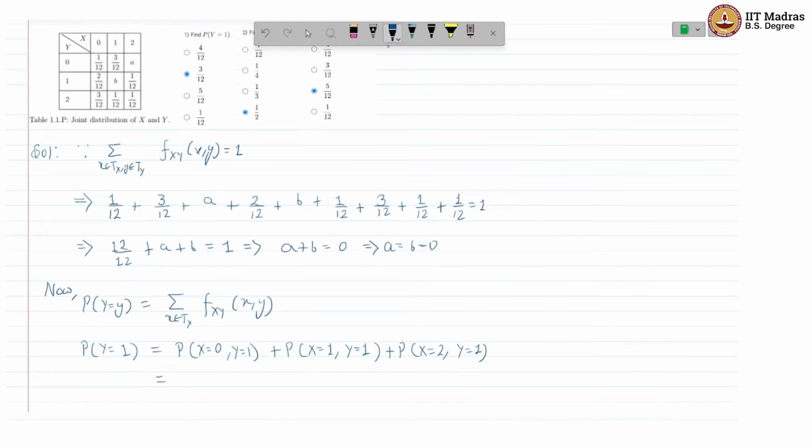From the table, we are simply adding the probabilities of this row. So this is 2 by 12 plus b plus 1 by 12. As a is equal to b is equal to 0, this will be 3 by 12.